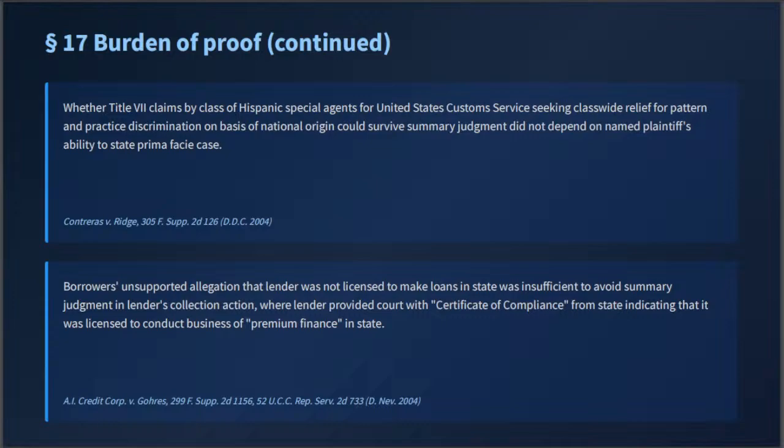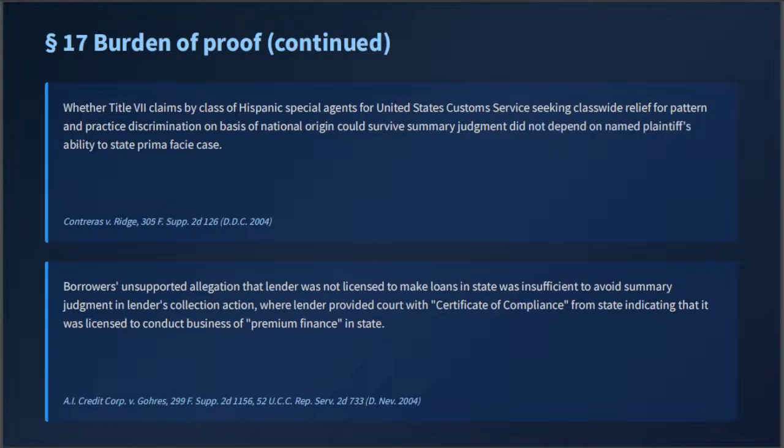A lot of cases here with burden of proof. As you'll see, the burden of proof shifts a lot. And I thought we had one here, another slide, but we'll probably get to that. We'll see how this shifts. Whether the Title VII claims by a class of Hispanic special agents for the United States Customs Service seeking class-wide relief for pattern and practice discrimination on the basis of national origin could survive summary judgment did not depend on the named plaintiff's ability to state a prima facie case.